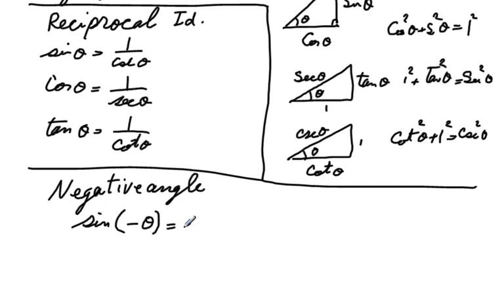For sine, let me see if anybody remembers. It turns out sine of the negative of an angle is minus the sine of the angle. We saw this before, and in the section on symmetries and graphs, we said this is an indication that sine is an odd function.